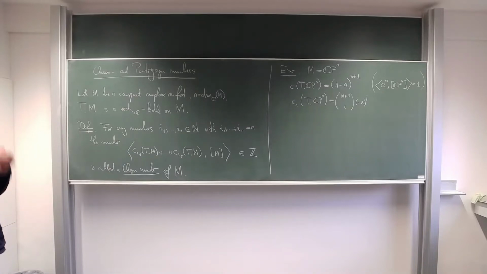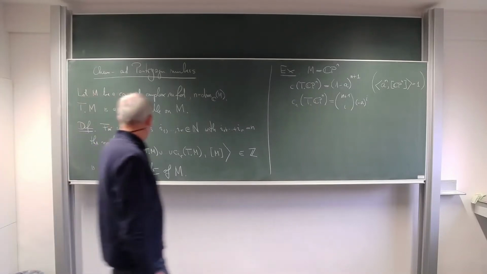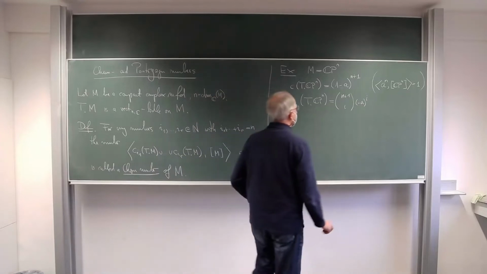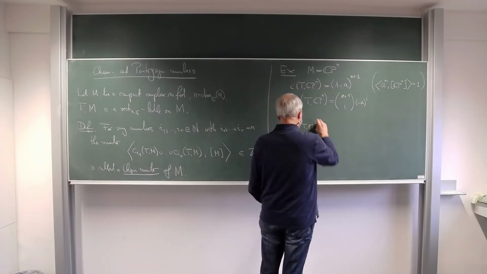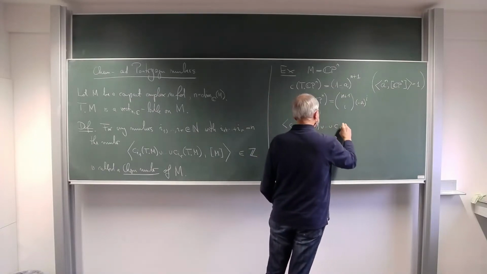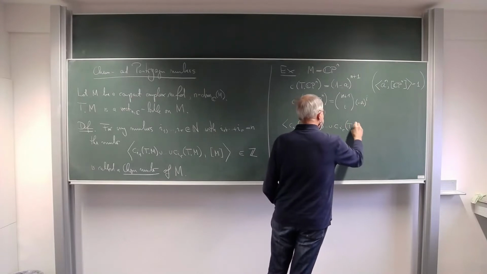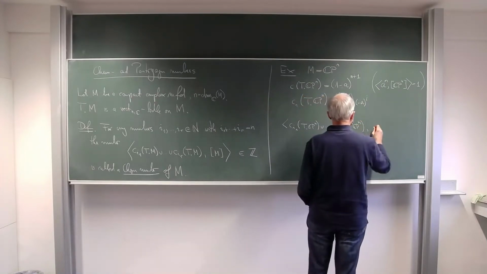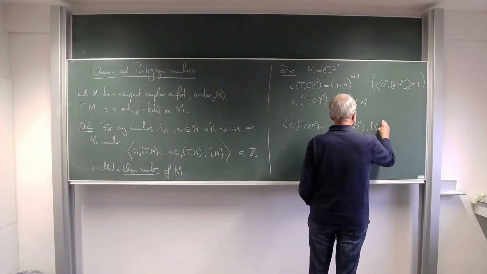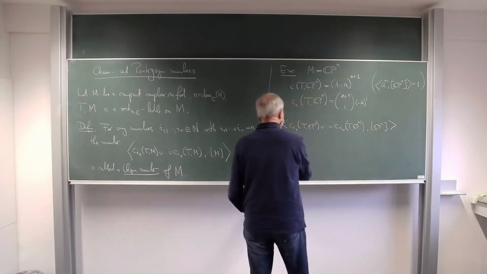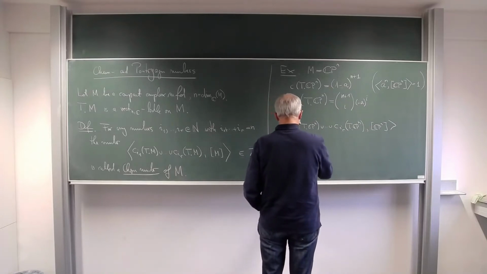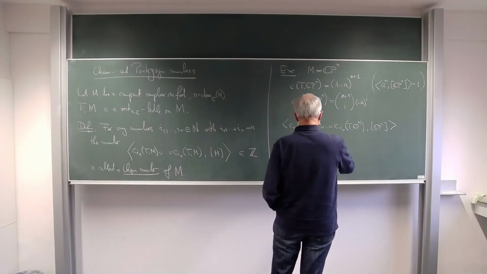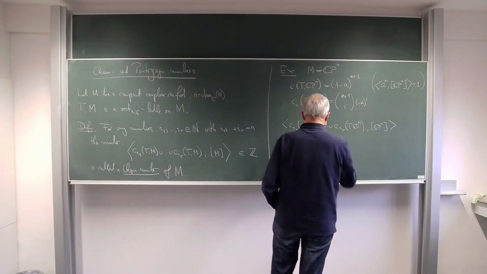So these are the Chern classes, and now if I look at this expression, then I see that the Chern number of CP^n gives me, well, I have these coefficients in front, so this will be n+1 choose i_1 all the way up to n+1 choose i_r.